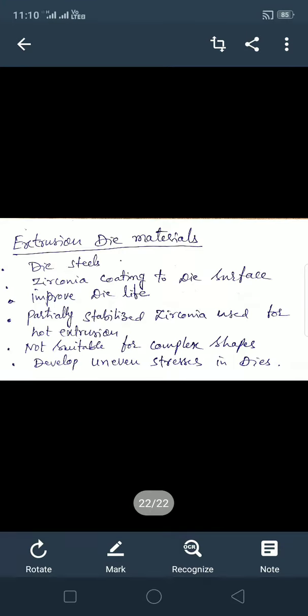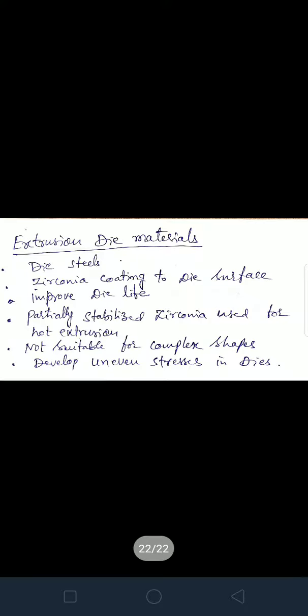Normally carbon steels and other hard steels and tool steels can be used. Along with this, zirconia coating is applied, but in some other way it may affect the die for producing a complex shape, because they develop uneven stress. All this is considered at the time of selection of die material for extrusion dies.